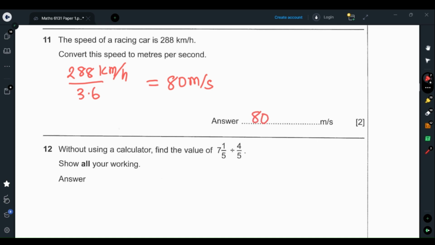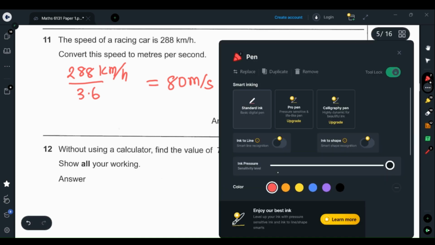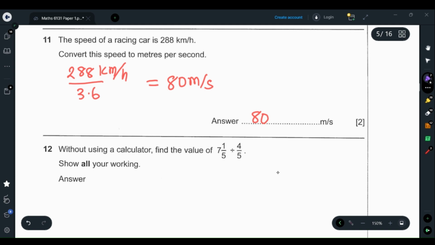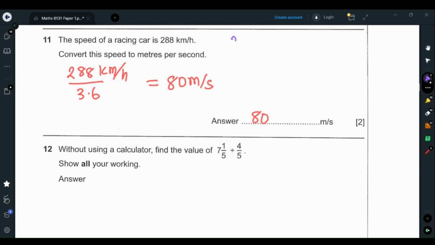80 meters per second. For someone who's like, oh, where does this 3.6 come from? That's okay. I'll take time to explain it. That's a faster way of converting kilometers per hour to meters per second. But now here is an explanation approach. 288 kilometers per hour.